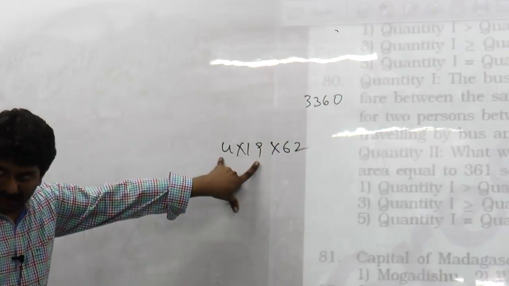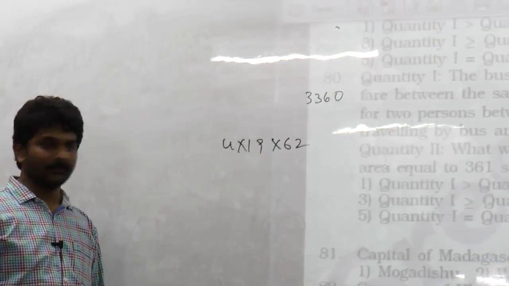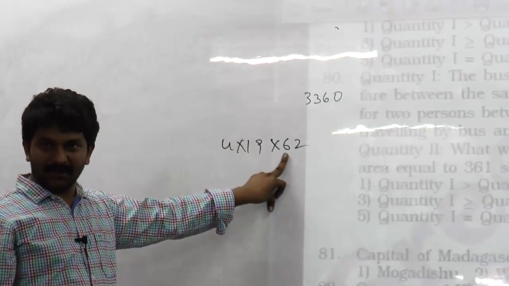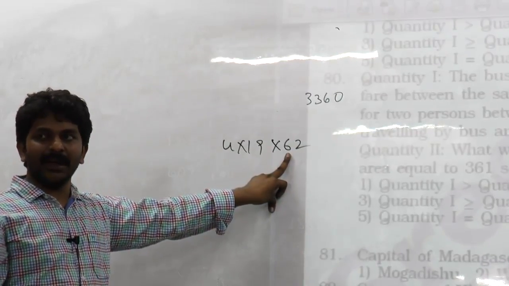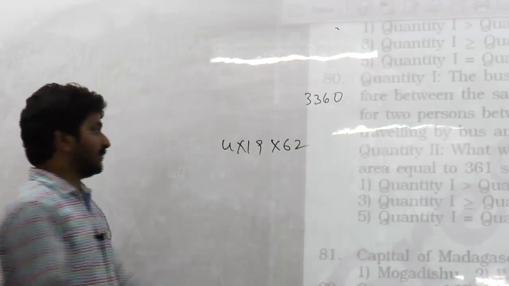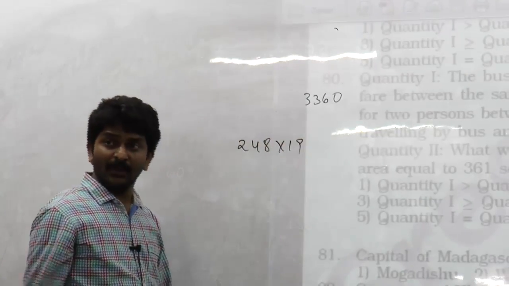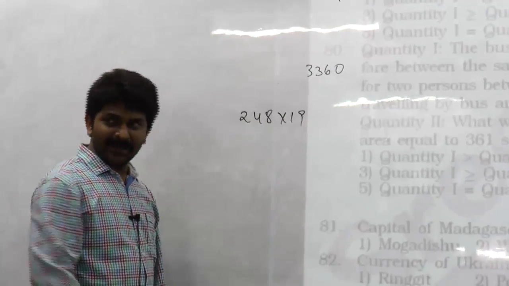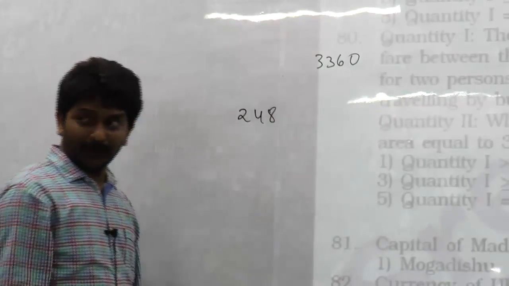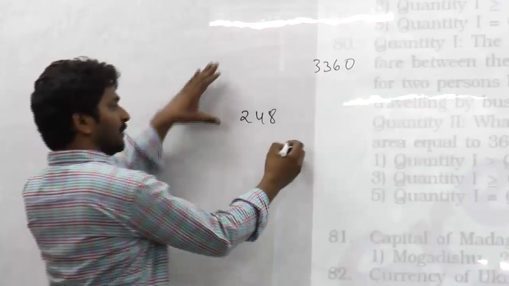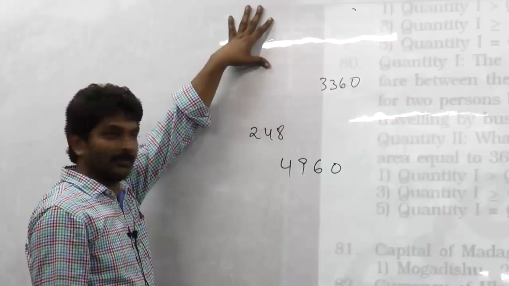This is perimeter into price. 4 times 62: 62 double, 124, again double, 248, into 19. 248 into 19. 248 10 times is 2480. 20 times is 4960.